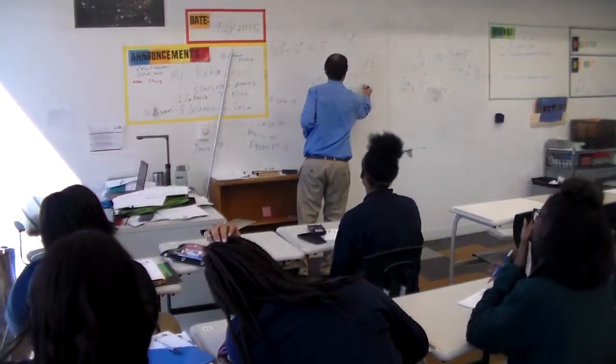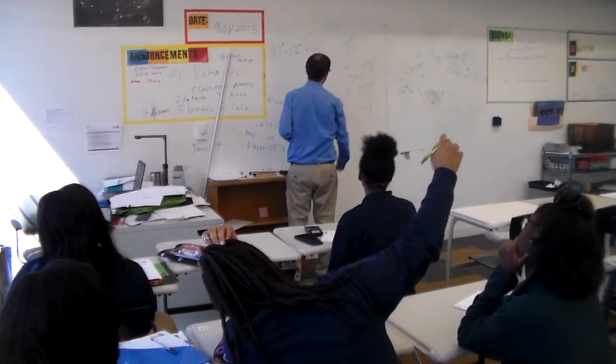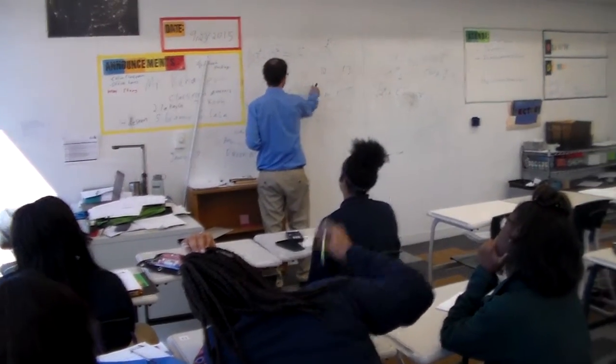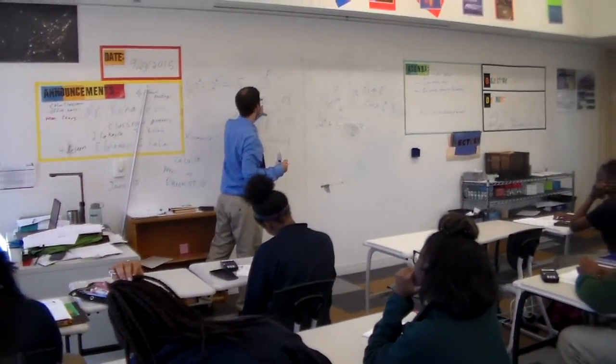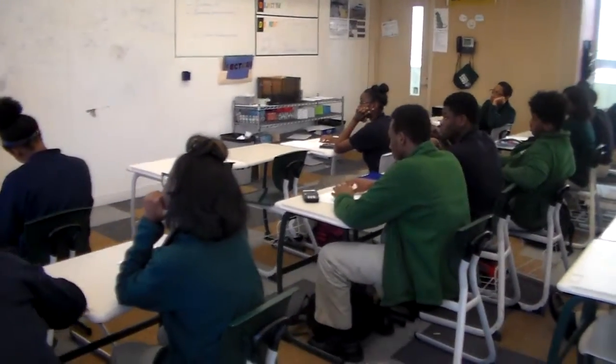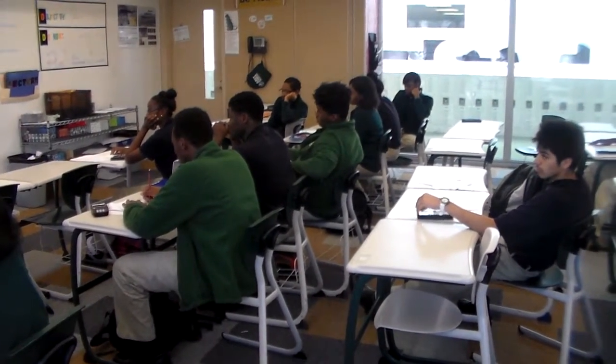So I can do, this length is 5 here. So to find AB, I can do 21 minus 5. And then what do I get? What's my length? It's going to be 16. Right. So that's going to be 16 and 12. So what's the next step that I do?